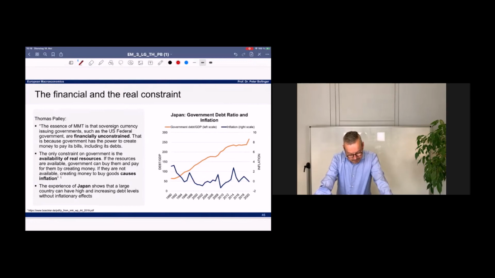He says, the essence of MMT is that sovereign currency issuing governments, such as the US federal government, are financially unconstrained. That is because government has the power to create money to pay its bills, including its debts. Then he goes on stating the only constraint on government is the availability of real resources.